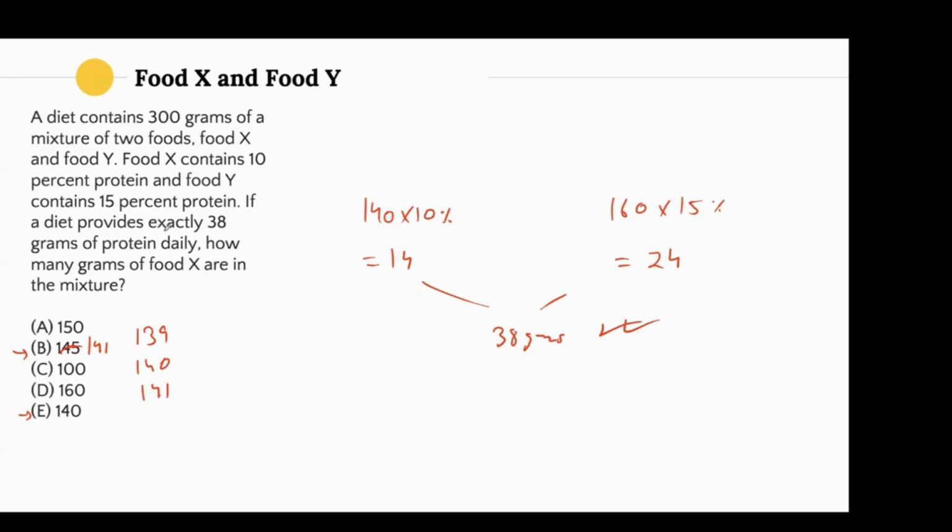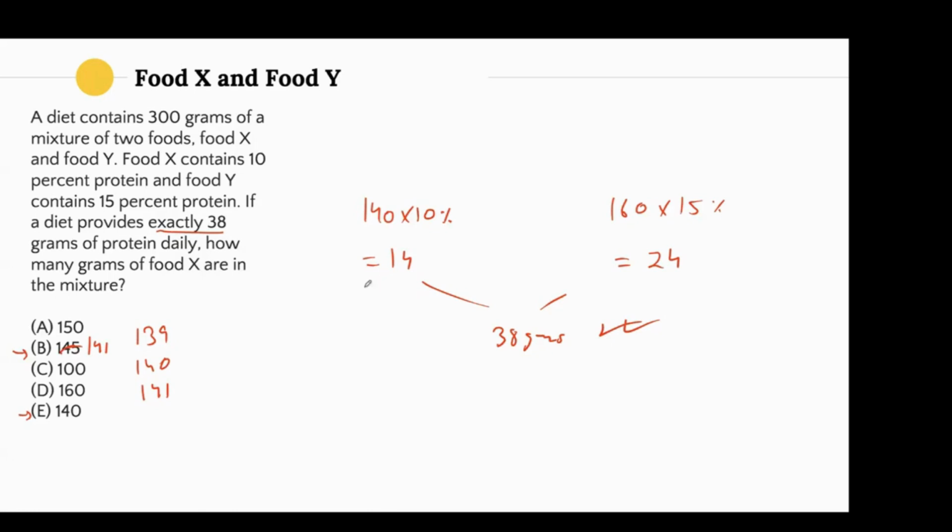Two things. One, like you said, the question says the diet provides exactly 38 grams, right? So after I do my calculations, the resulting protein should be exactly 38. If it's even 37.9, it's wrong. Even if it's 38.1, it's wrong.